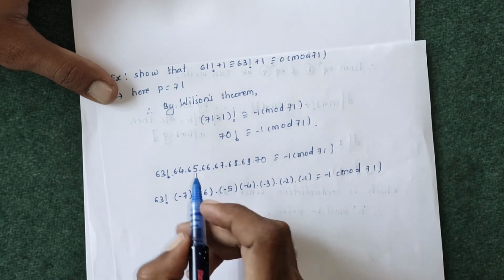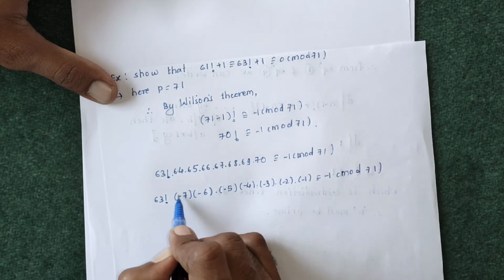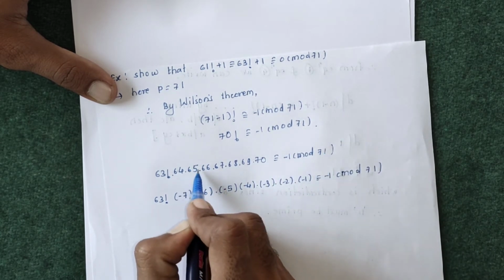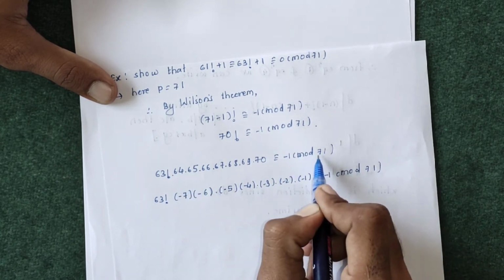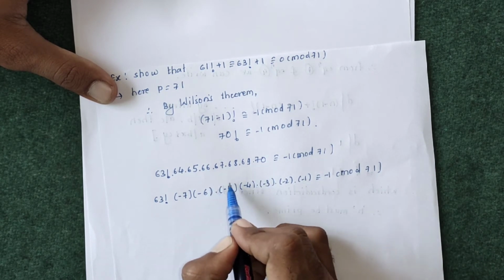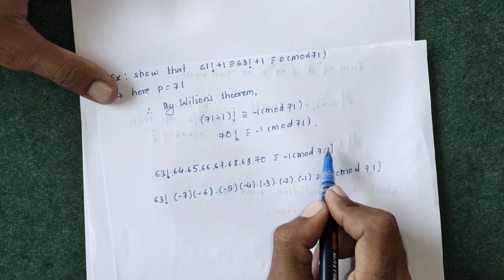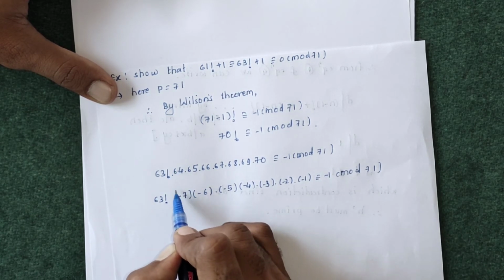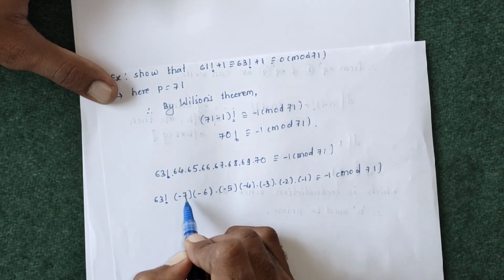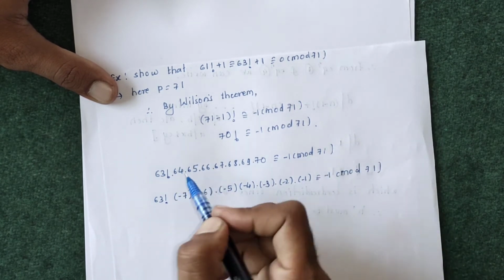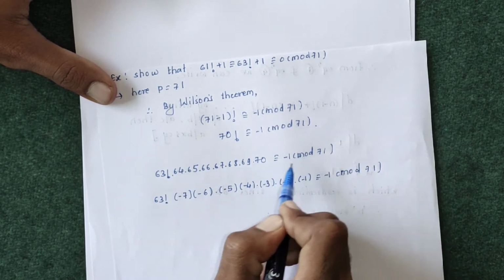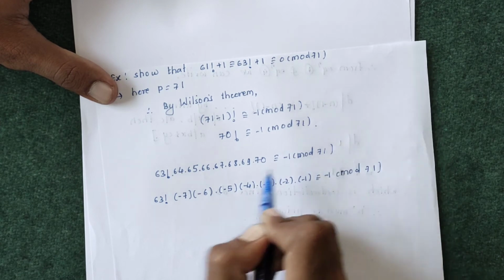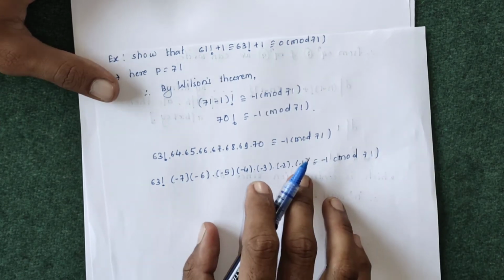Since 64 is congruent to minus 7 modulo 71, 65 is congruent to minus 6, 66 is congruent to minus 5. Since 71 divides the difference, that is 64 minus of minus 7, which is 64 plus 7 is 71, and 71 divides 71, we can write 64 is congruent to minus 7 modulo 71. So instead of 64 we can write minus 7.